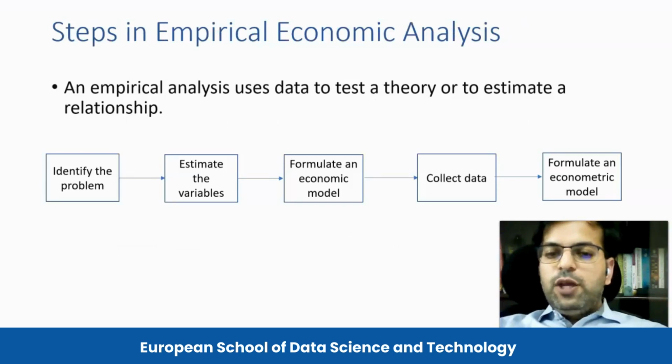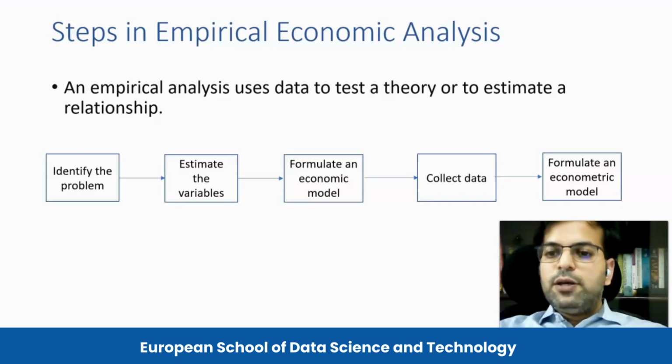Now, if we go on and talk about the different steps in formulating an econometric model, we'll be broadly looking at 5 primary steps, which is called in literature an empirical economic analysis. An empirical analysis is an analysis that uses some sort of data to test a theory or to estimate a relationship.